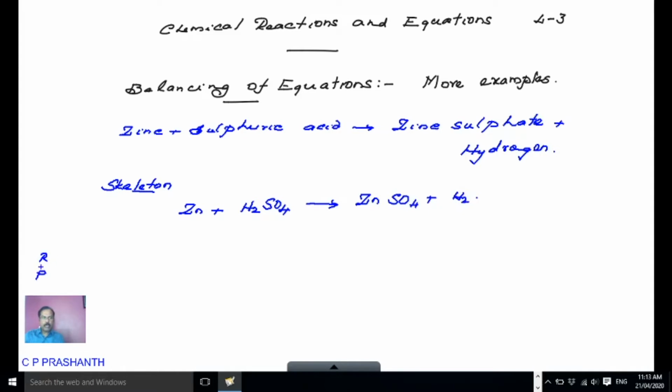Let us see the number of atoms of reactants and products. You can see number of zinc atoms is 1 on both the sides. Hydrogen on the left hand side it is 2, and on the right hand side also hydrogen is 2.